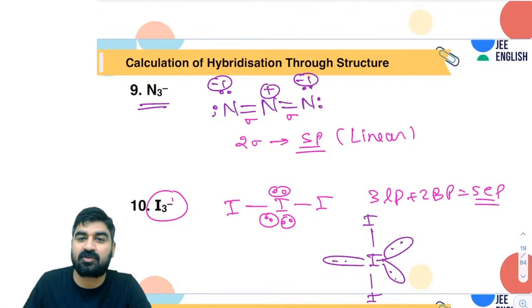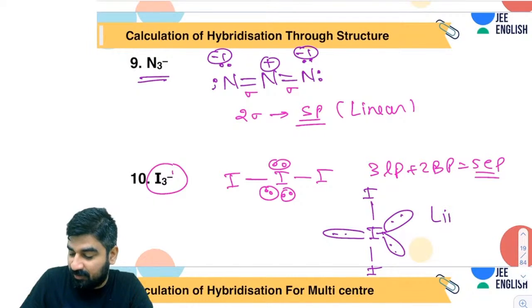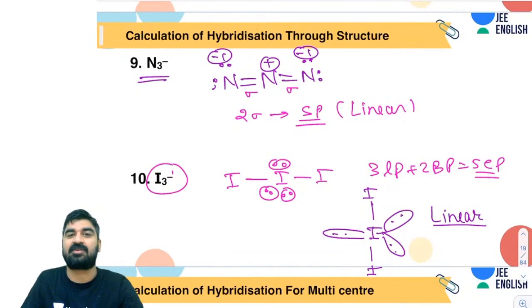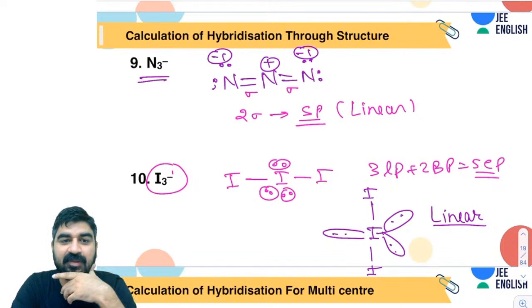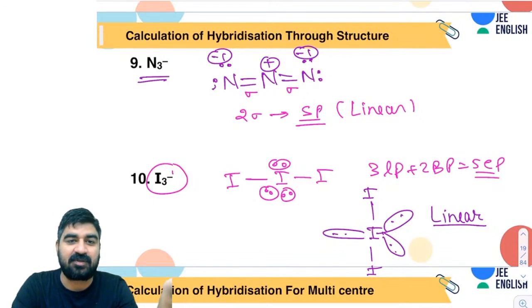We have 3 lone pairs there. So guys, this will be linear. Any doubt, guys, please tell me now. So now you can go vice versa.